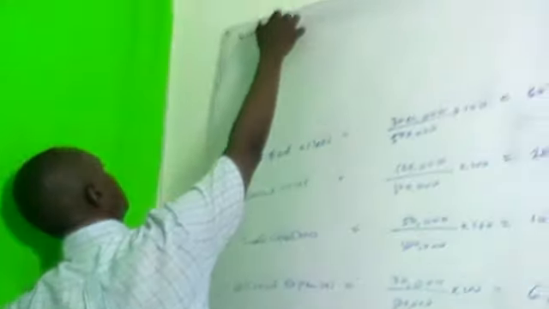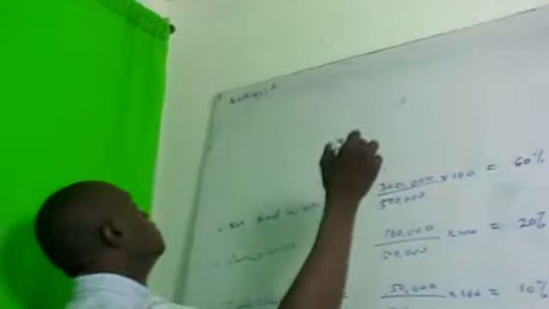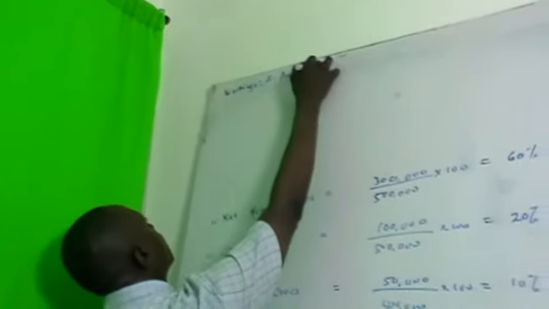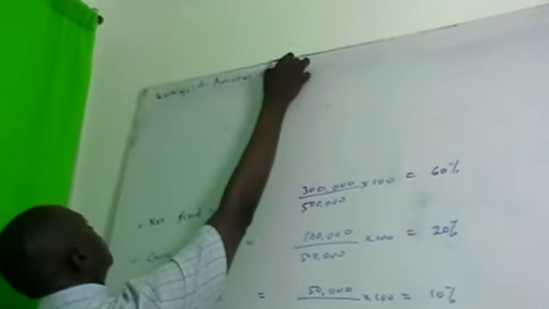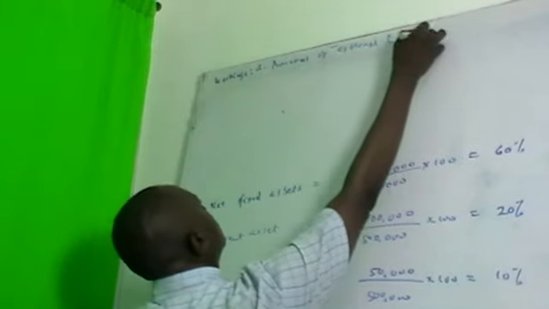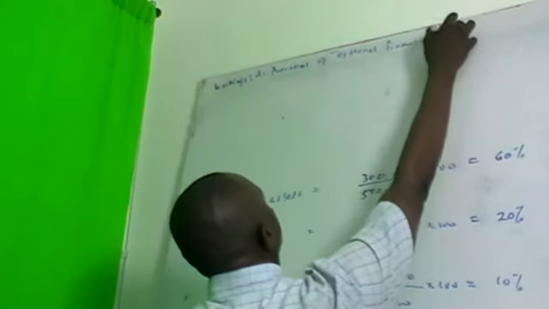So this is working number 4. So we have the amount of external financing required.